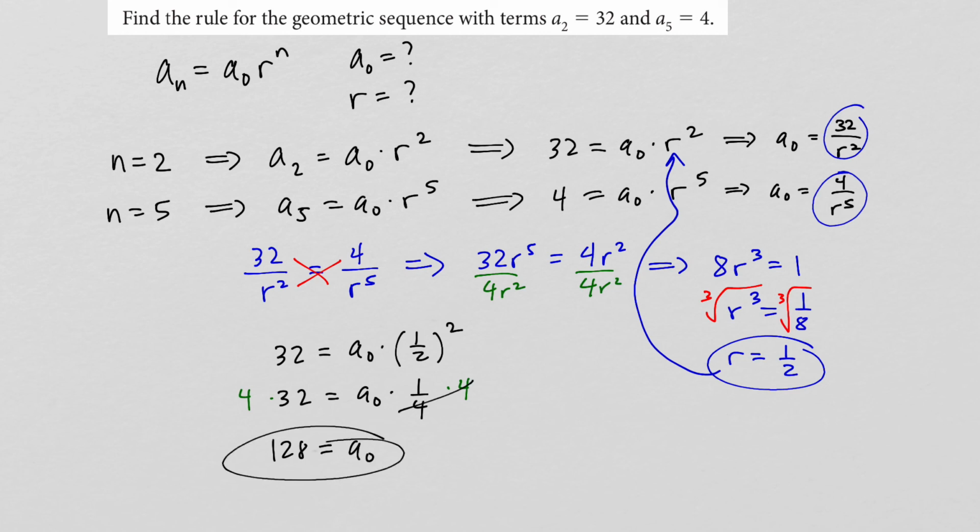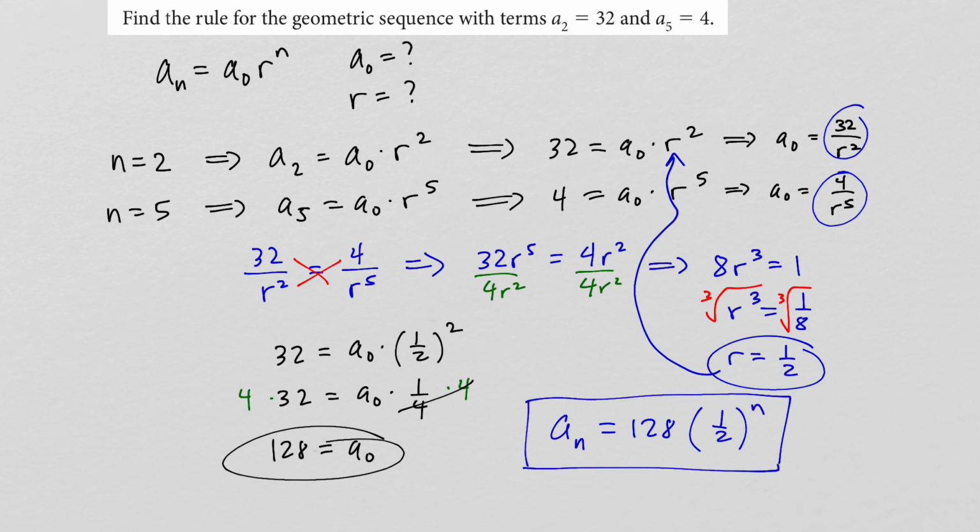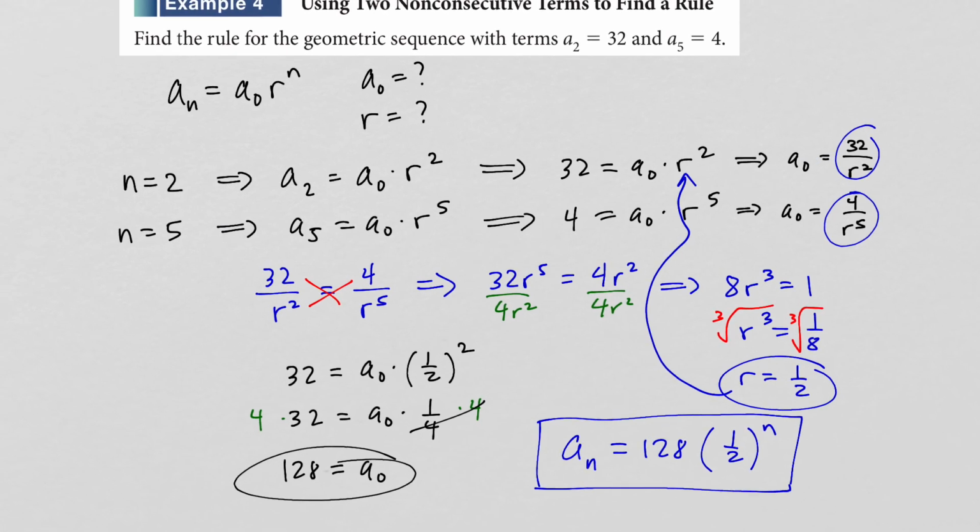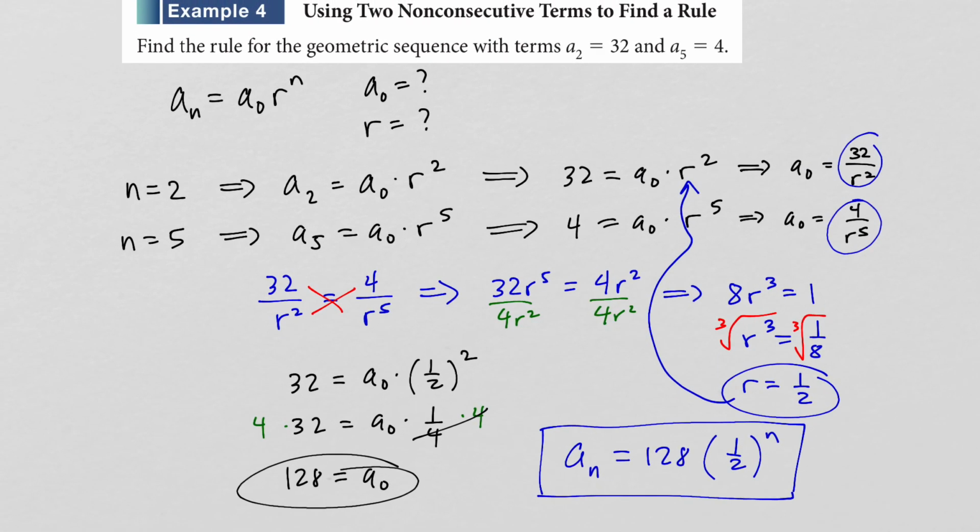So now we have the first term, A naught, and we have the common ratio, and now we can say the nth term, or the A_n, I should say, is 128 multiplied by 1/2 to the n. And that is the formula for any term of this particular geometric sequence.